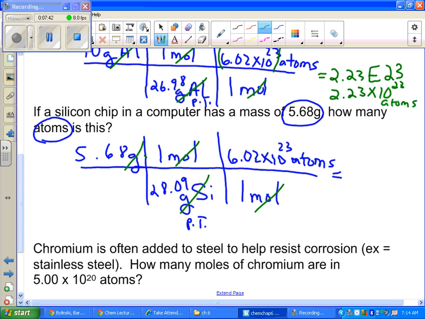Make sure you are multiplying as you go across, and then dividing, and keep that mole number in parentheses. All right, my answer is 1.22 times 10 to the 23rd atoms.